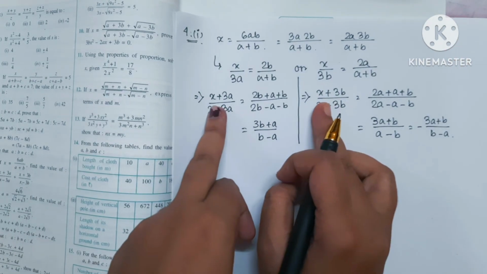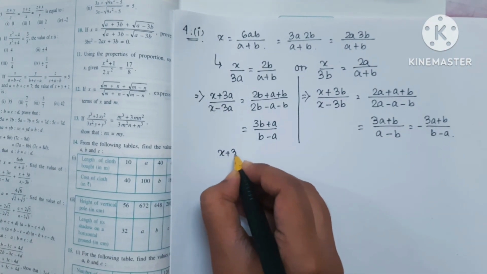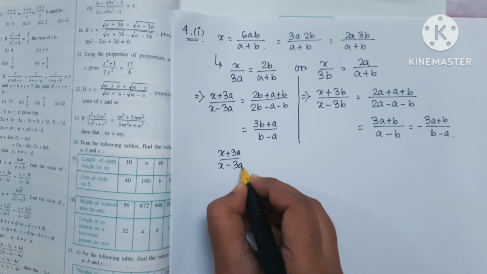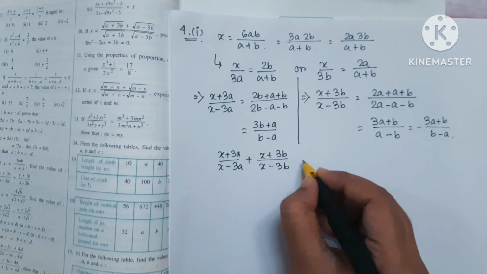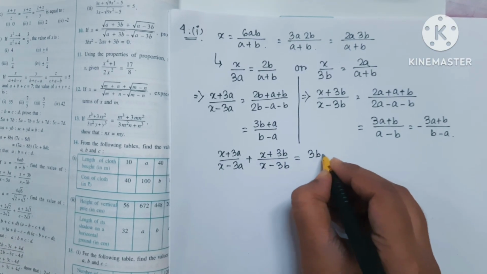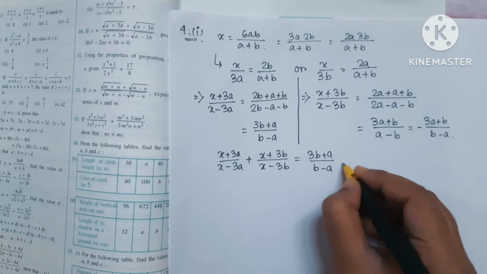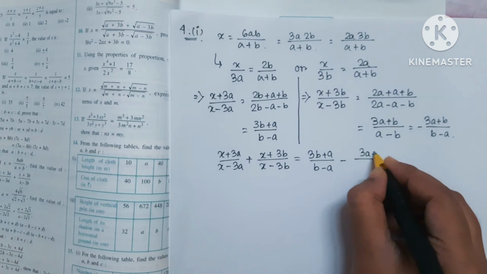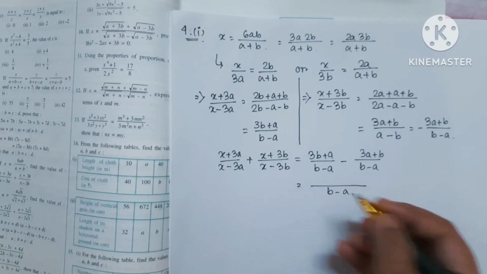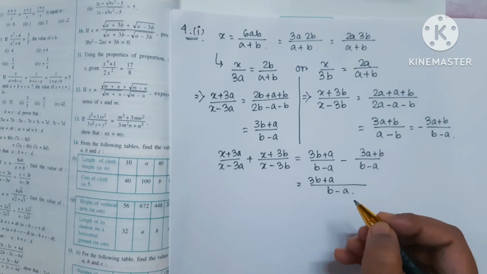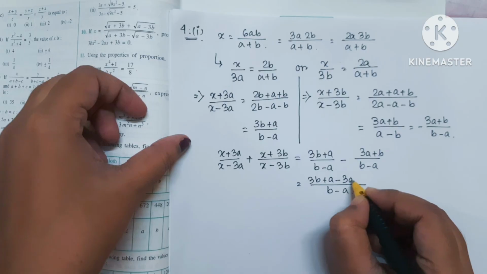Now if you add these two terms, what will happen? x plus 3a by x minus 3a plus x plus 3b by x minus 3b is equal to 3b plus a by b minus a minus 3a plus b by b minus a. Now the denominator will be b minus a, and the numerator 3b plus a minus 3a minus b.